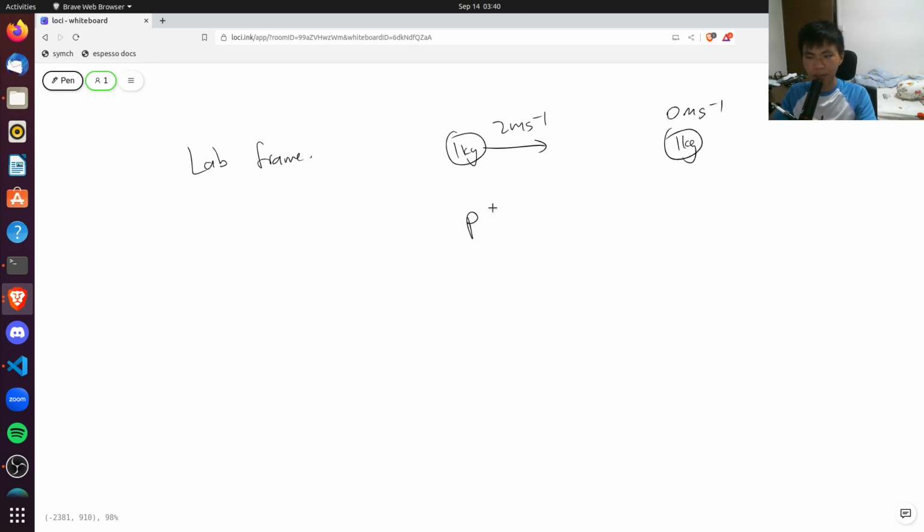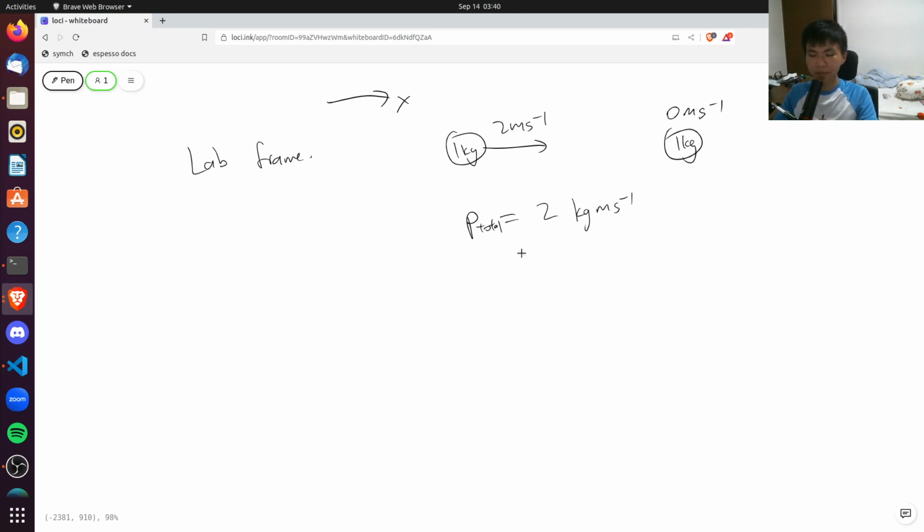The momentum is simply 2 times 1, so the momentum is simply 2 kg meters per second towards the right. If we take rightward as positive, then this is the total momentum. And of course, the stationary one has zero momentum, so it's plus 0.